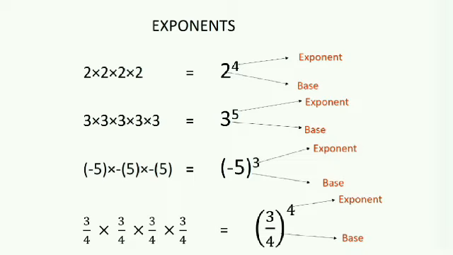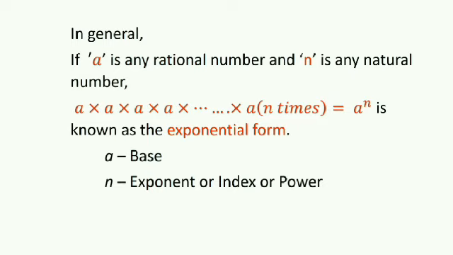In general, we can say that if a is any rational number and n is any natural number, a multiplied by a, and so on, n times is equal to a to the power n, known as the exponential form, where a is known as the base and n is known as the exponent or index or power.